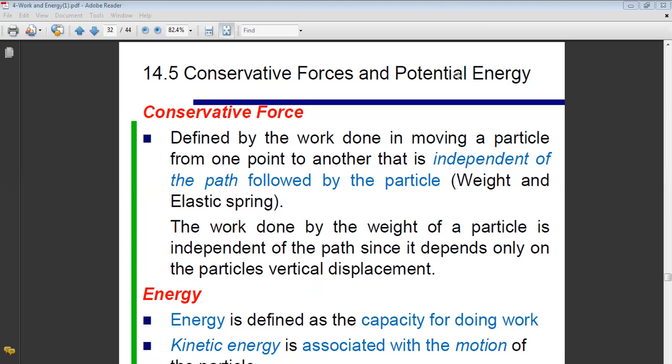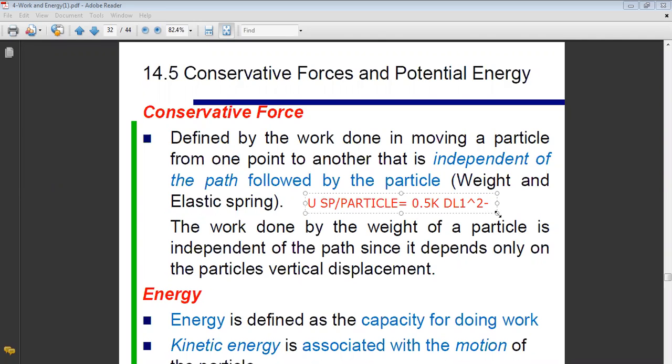Okay? So the main conservative forces that we will deal with are the weight and the elastic spring. Why is the force of the spring also conservative? Because if you remember, we have developed the work of a spring on a particle. The work of the spring on a particle was equal to half K delta L1 squared minus half K delta L2 squared.